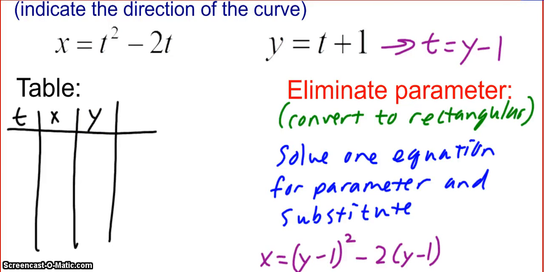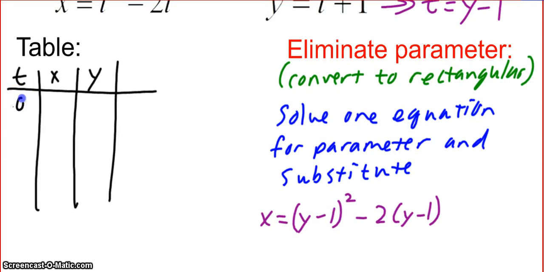And for this example, we'll start with t equals 0. And we'll go down to 5. So I want you to go through and fill out this table and then plot these points. And we'll see what the curve comes out to be. So pause the video, fill out the table, and unpause when we're ready to look at the curve.